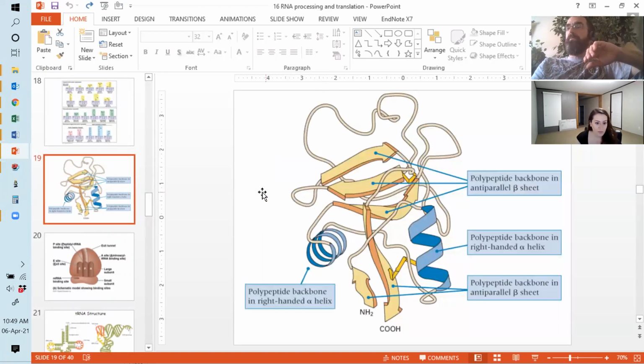If this doesn't adopt the correct conformation, maybe because of mutation, maybe because too much protein is being produced, maybe because other things aren't working right in the cell, then instead of taking this shape, it can take a different shape, right? And there are things which recognize those misfolded proteins and try to cajole them.